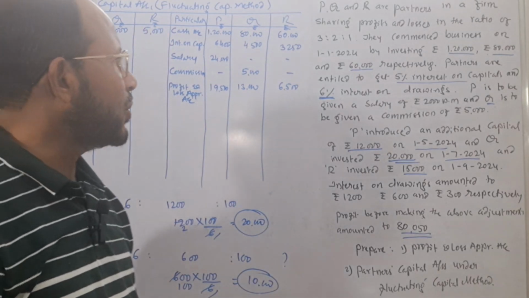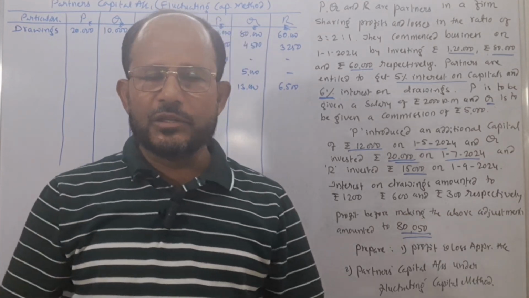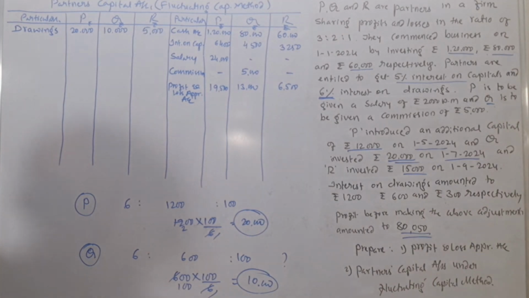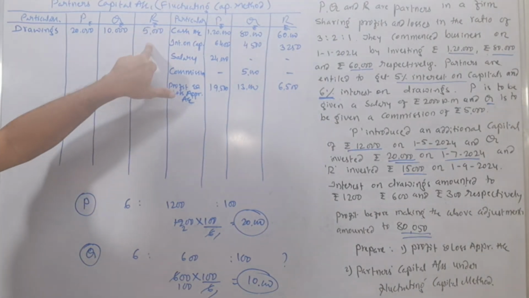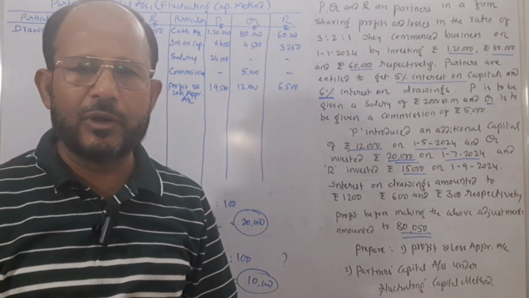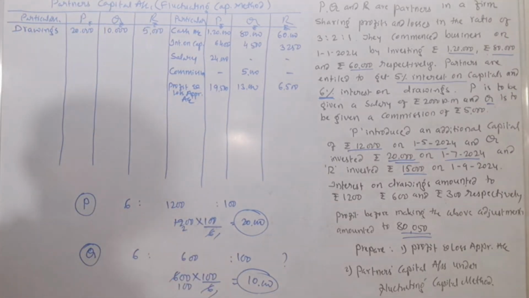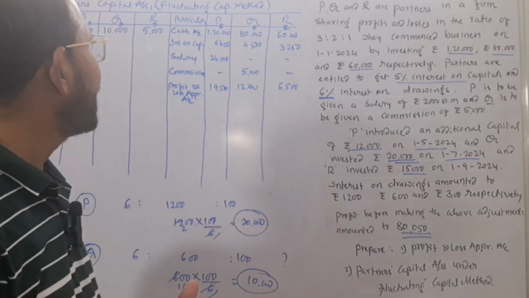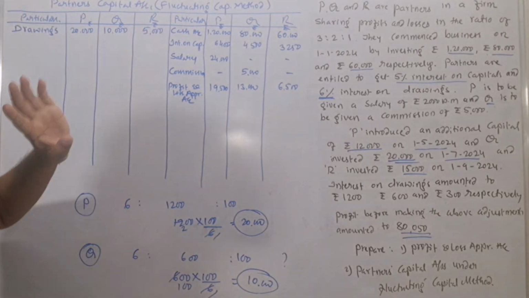Here we have to assume that the amount is withdrawn in the beginning only, as the date is not given. That is why we calculate the total amount withdrawn by the partners on the basis of given information in the problem: 20,000, 10,000 and 5,000.